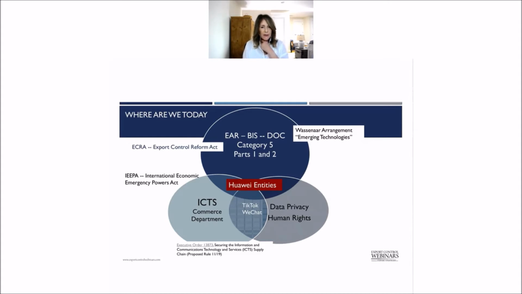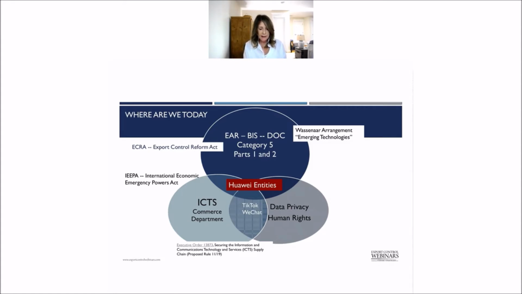On the other side, there's also a concern, and it's more about data privacy and human rights. If you read the papers, you know that there's been some heavy duty action on two Chinese companies and their apps that are available and used worldwide.